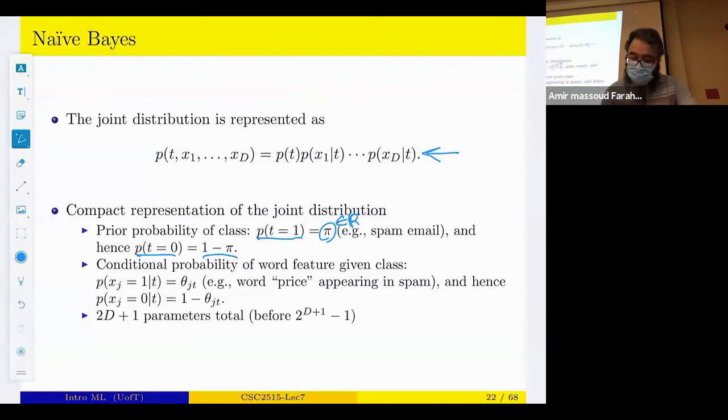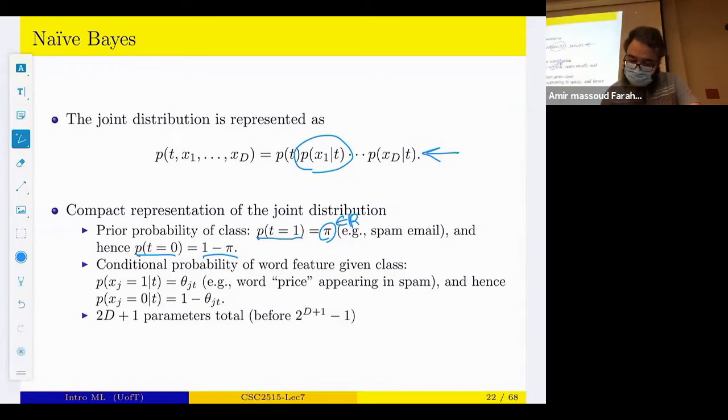Now let's think about p of xi conditioned on t. That can take, depending on whether t is positive or not, 0 or 1, so we have two cases.